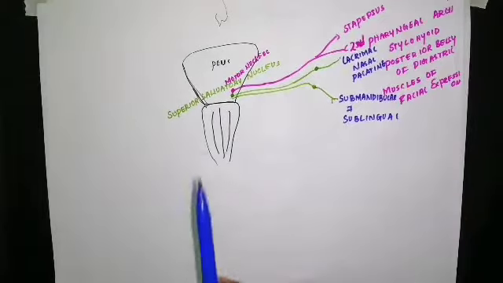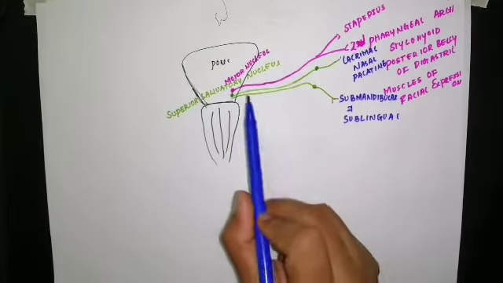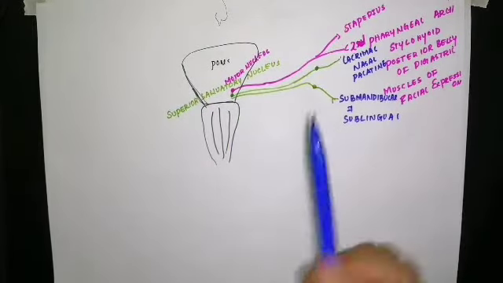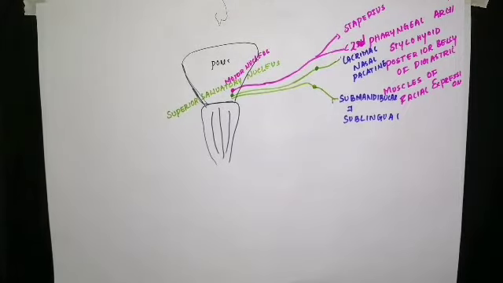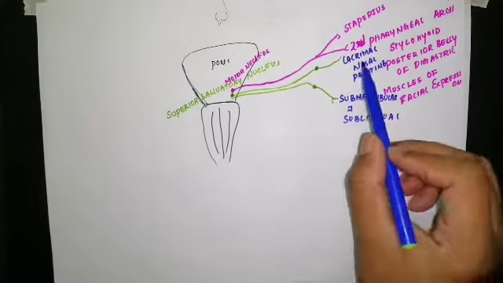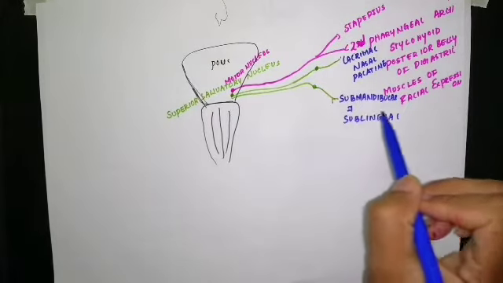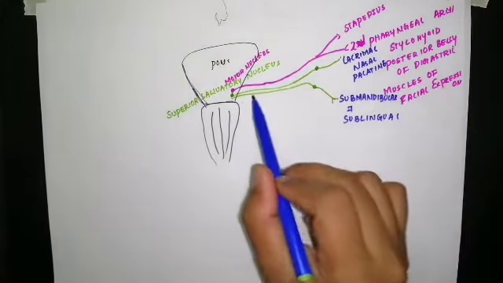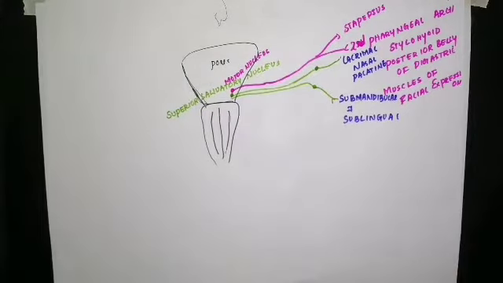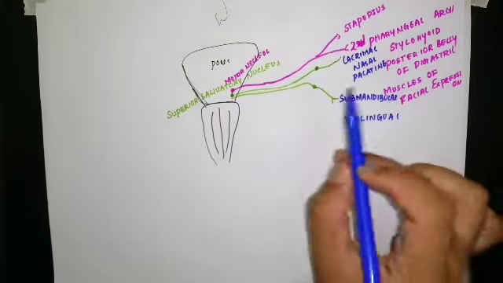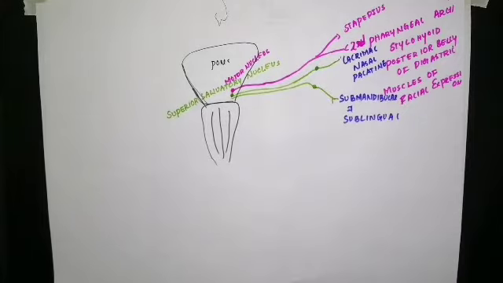So know that the facial nerve has a parasympathetic component along with it. The parasympathetic fibers are given off to the lacrimal, nasal, palatine glands and submandibular, sublingual salivary glands. These parasympathetic fibers are carried through two branches of the facial nerve. We will discuss it later.